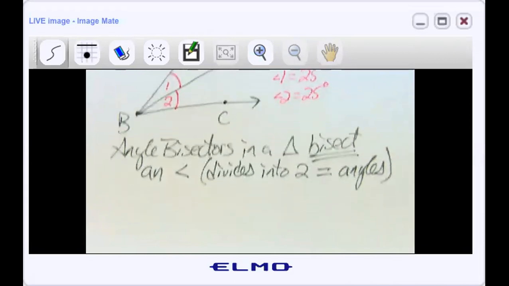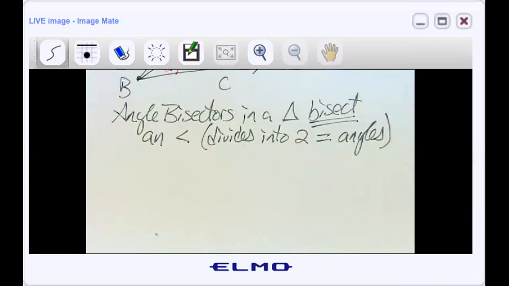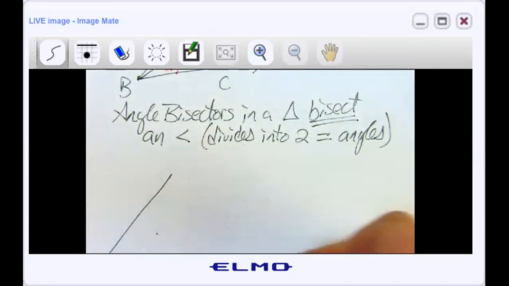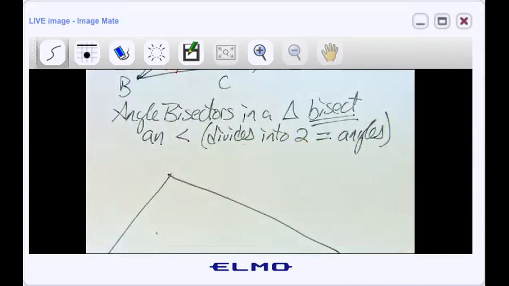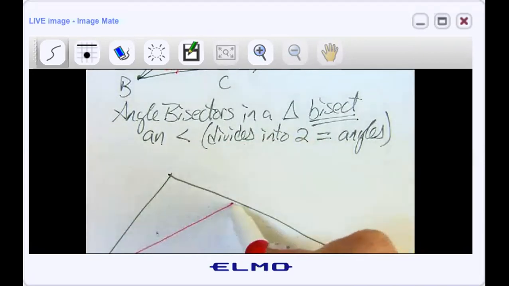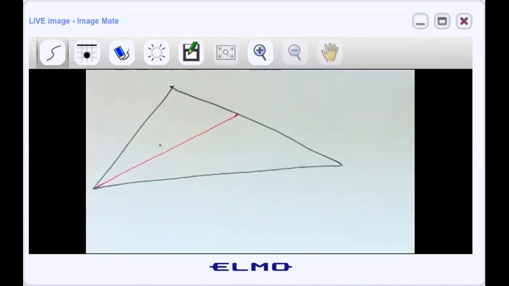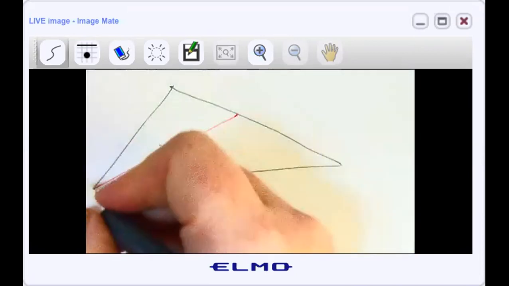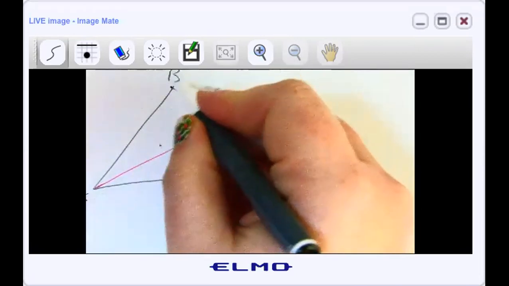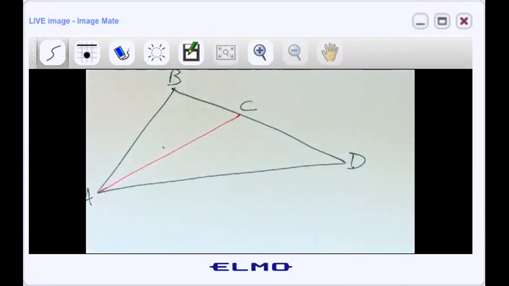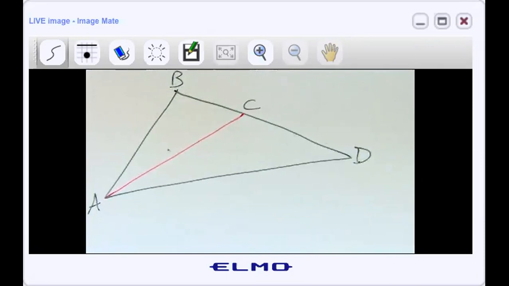Now when we're looking at an angle bisector in a triangle, you have to be a little bit careful at first. If I just draw you any old triangle and then draw something like this, right now you have absolutely no idea if AC is an angle bisector or not.